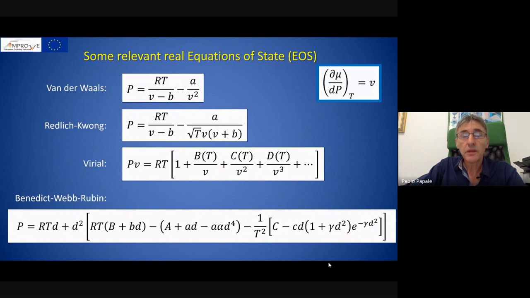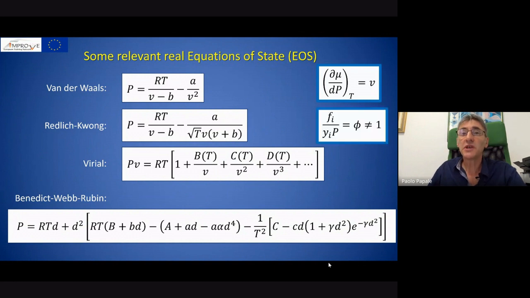That's fine, but we have written the chemical equilibrium equation in terms of fugacity. And to solve it, we need an expression for the fugacity coefficient phi. How do we obtain the fugacity coefficient from a real equation of state?